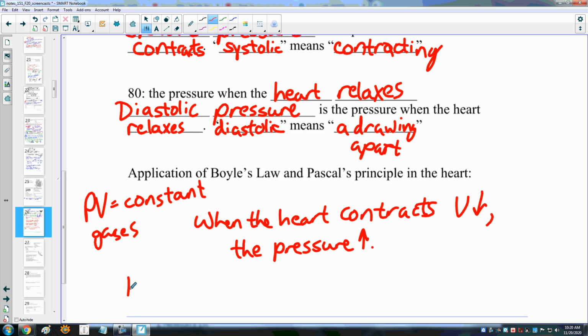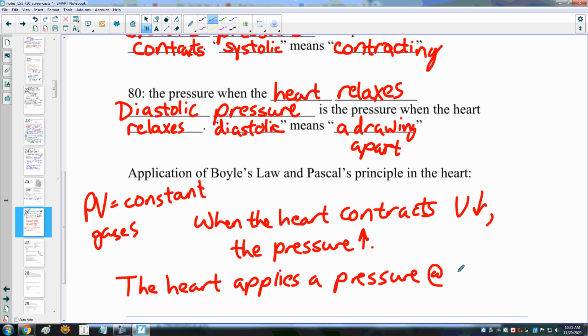The heart applies a pressure at contraction. That's the systolic pressure. And that increases the pressure throughout the entire body.